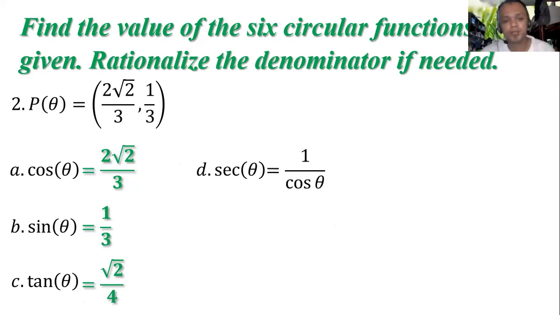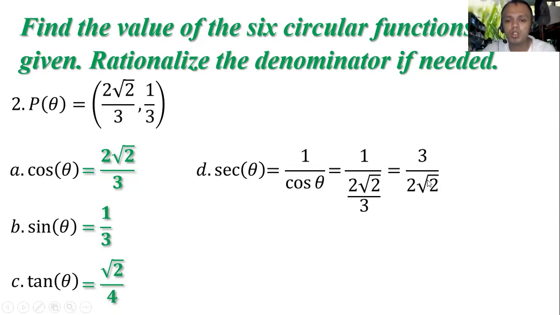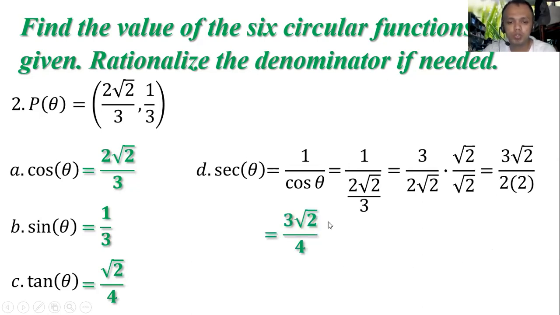Yan ang formula niya. Then substitute your cosine theta to 2 times square root of 2 over 3. Get the reciprocal. We have 3 over 2 times square root of 2. Rationalize natin. Then we have 3 times square root of 2, all over 2 times 2 is 4. So ito yung secant theta natin.